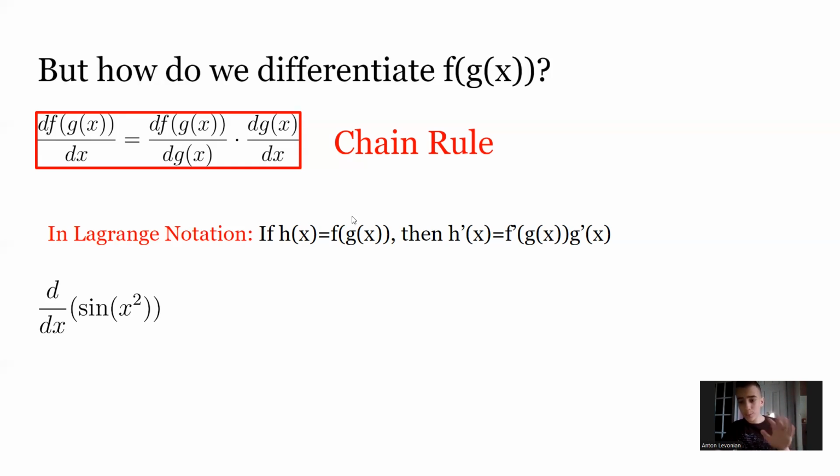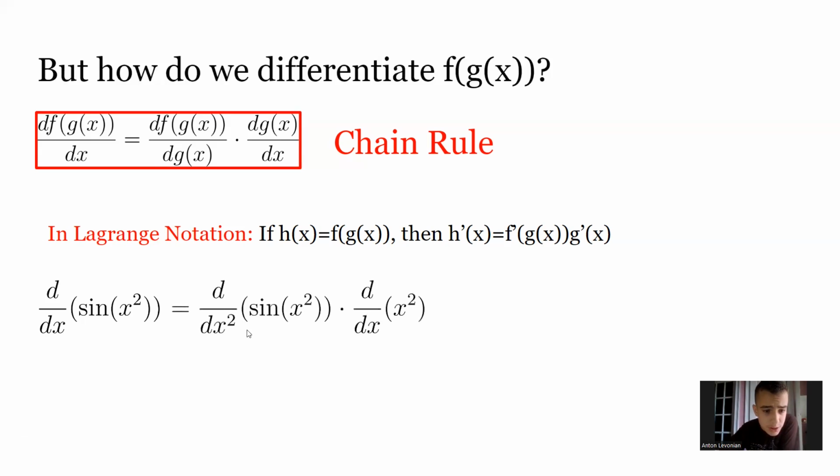Okay, so back to what I was saying, this is a lot of variables. Objectively, this is a lot of variables. So what we will do is use an example. If we want to find the derivative of sine of x squared, we can say this is the same thing as the derivative of sine of x squared with respect to x squared, times the derivative of x squared with respect to x.